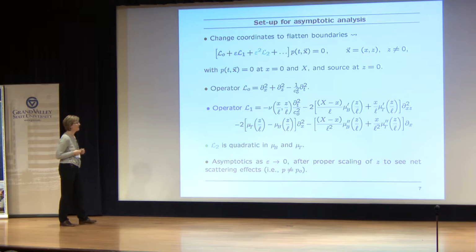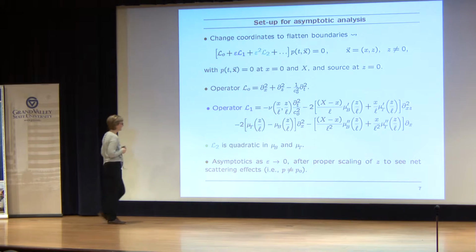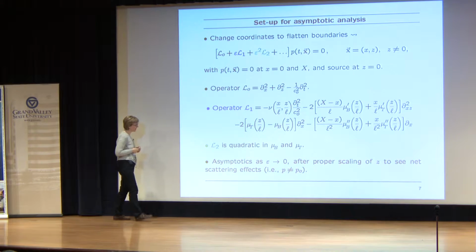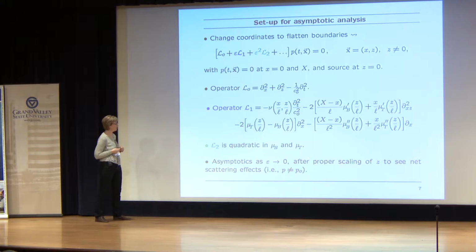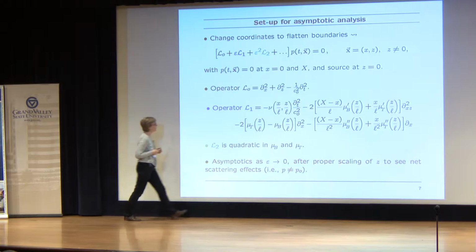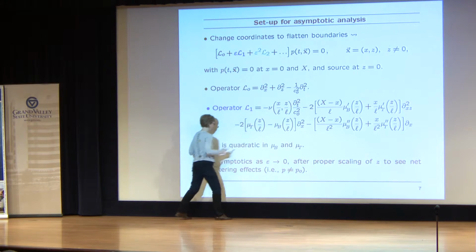It's linear in the fluctuations. For the second order L2, we have again a partial differential operator, with coefficients quadratic in the fluctuations at the boundary. The fluctuations in the medium only appear in here.